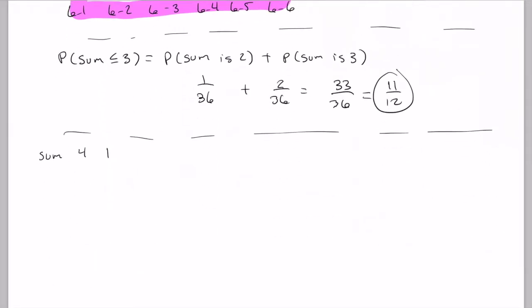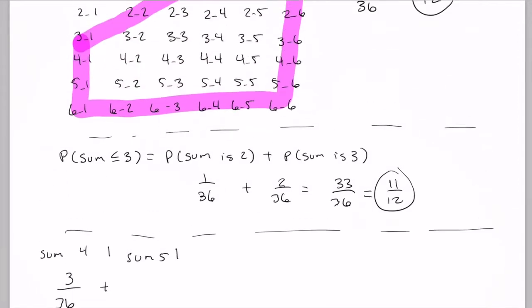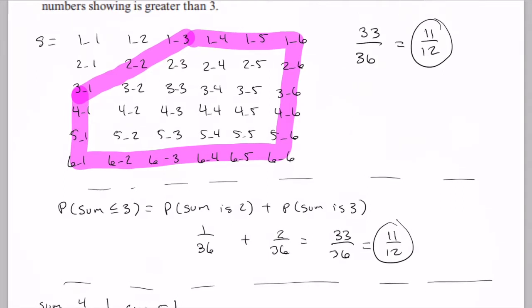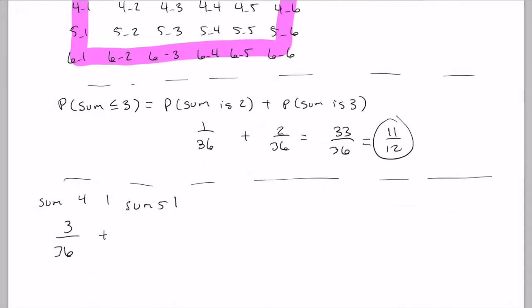That's 3 out of 36. Sum 5, 4 out of 36. Sum 6, 5 out of 36.